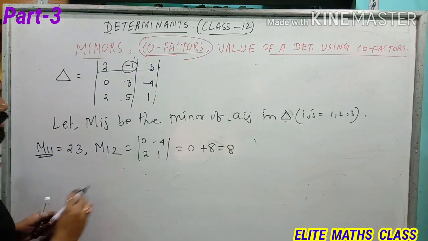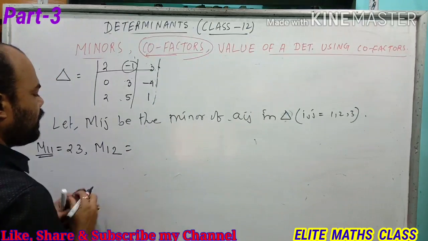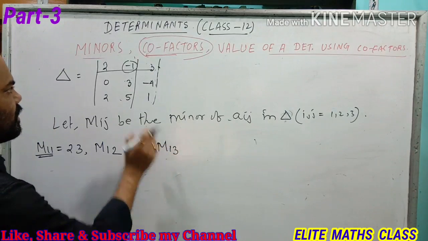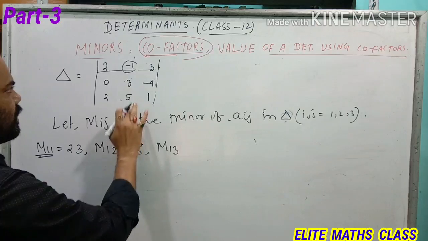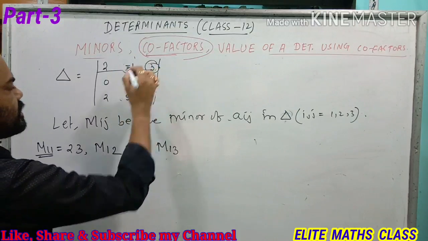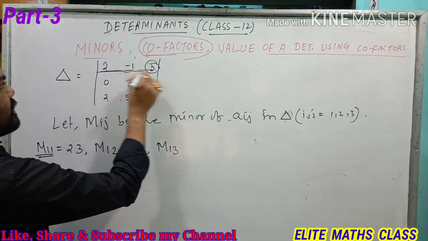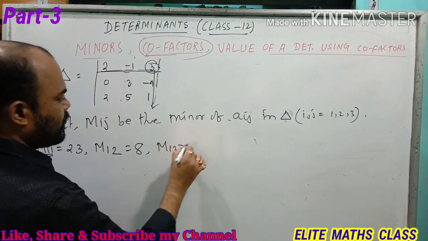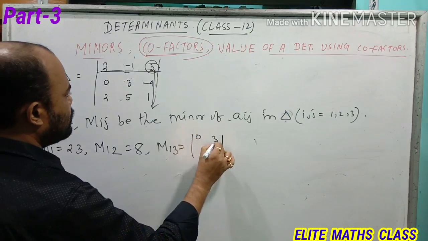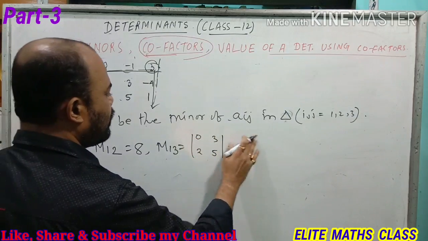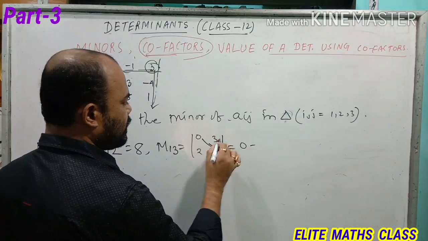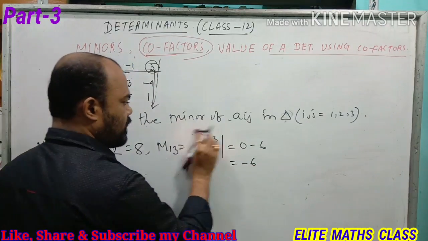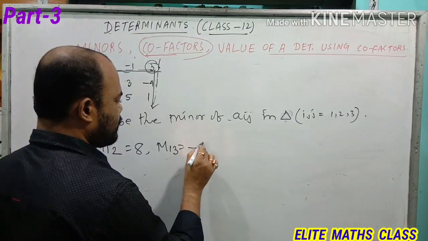So the value of M12 is 8. Next let us find M13. First row, third column. Now we are finding the minor of this element. See the position, this element lies in the first row and third column. What remains? These 4. So this will be 0, 3, 2, 5. What will be the value? This into this, 0 minus 3 into 2, 6. It is minus 6. So now I am just writing the value. It is minus 6.